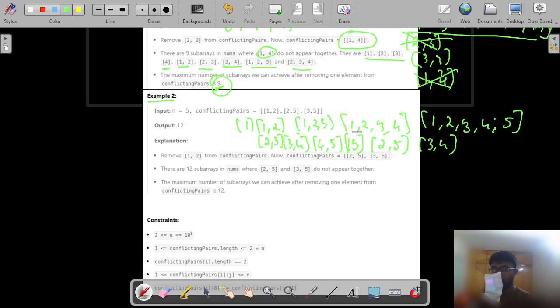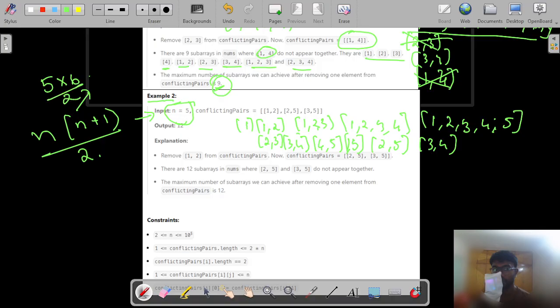So the total subarrays that can be formed here would be n into n plus 1 by 2. That's a formula that we need to understand. With n equal to 5, 5 into 6 by 2 would give us 15 subarrays, right?